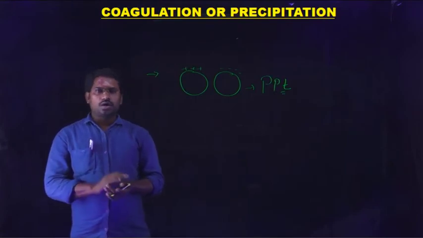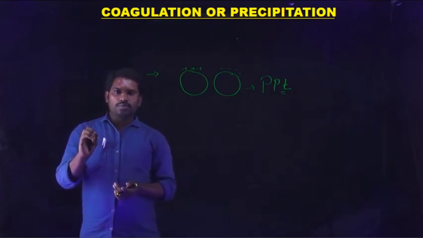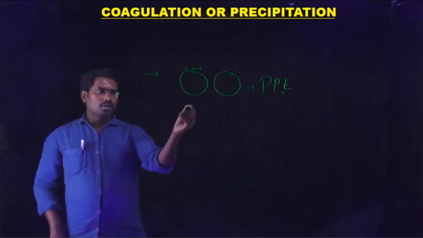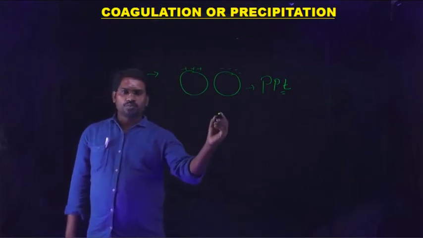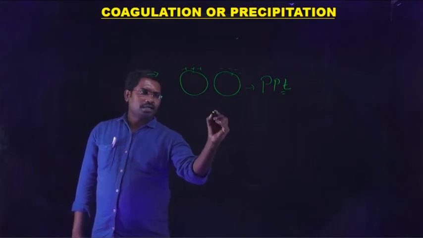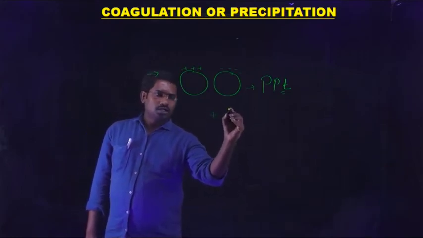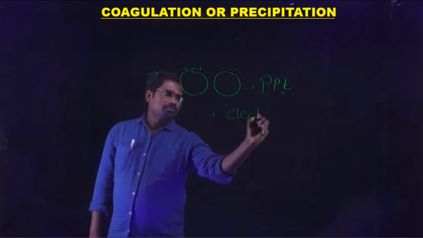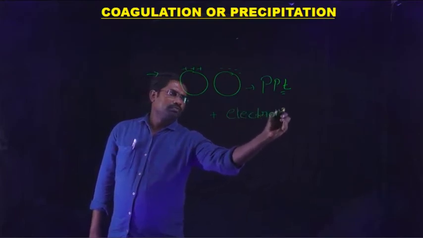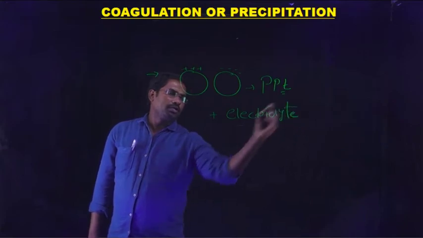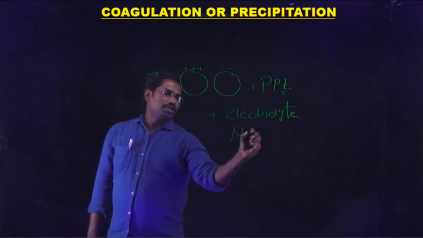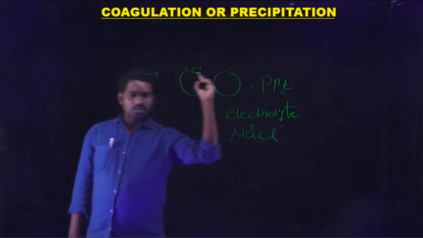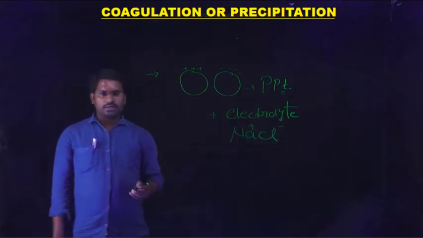So how does the precipitation of colloidal particles take place? For example, we take a colloidal solution and add an electrolyte like aqueous sodium chloride, consisting of Na plus ions and Cl minus ions.